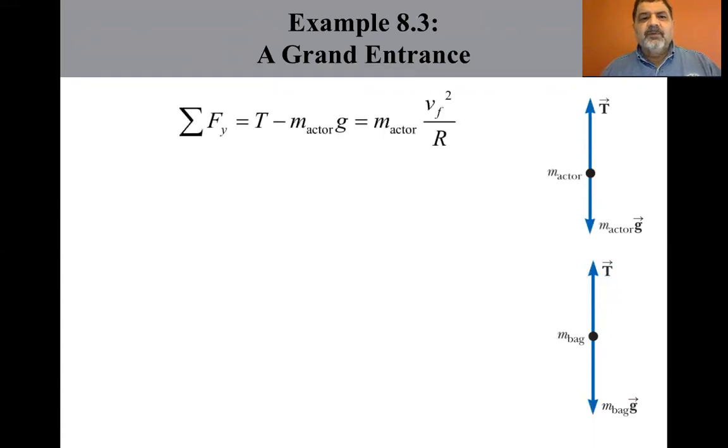So the sum of the forces in the y direction is the tension minus the mass of the actor times gravitational acceleration. And that's also the mass times acceleration, which is the mass of the actor times v final squared over r. Remember, the acceleration is v squared over r.